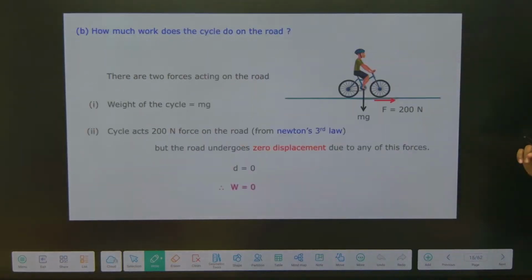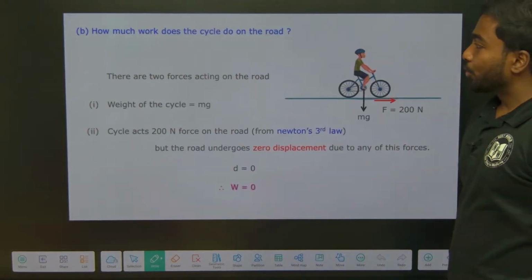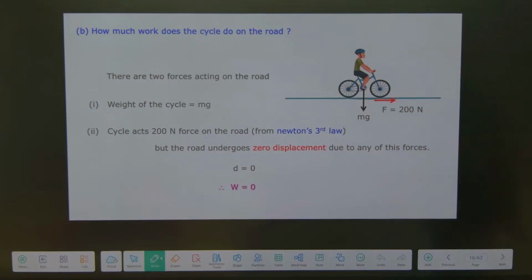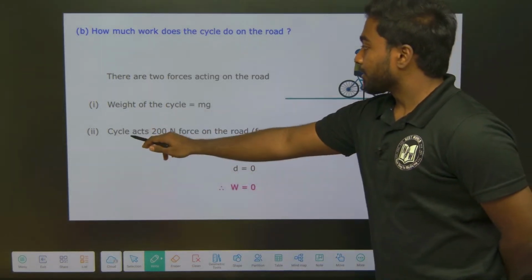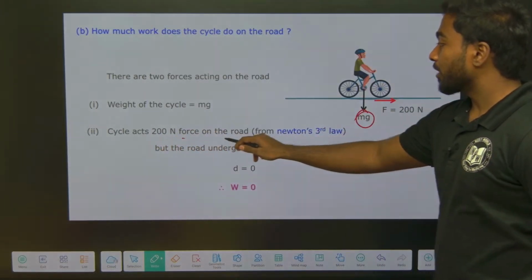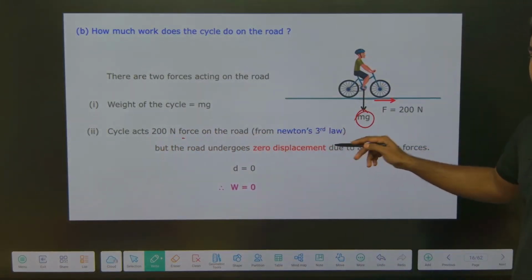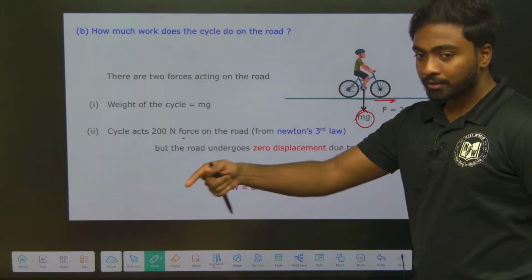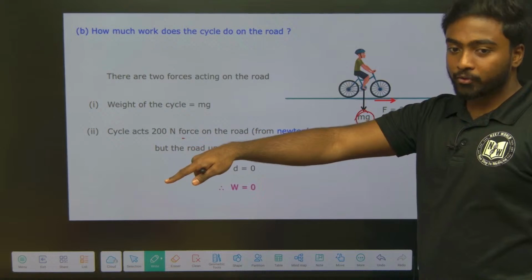Now the second question. There are two forces acting on the road. One is the weight of the cycle, right? The weight of the cycle is mg. The cyclist acts with a 200 Newton force on the road from Newton's third law. One force is opposing me, and I am going in the opposite direction, right?